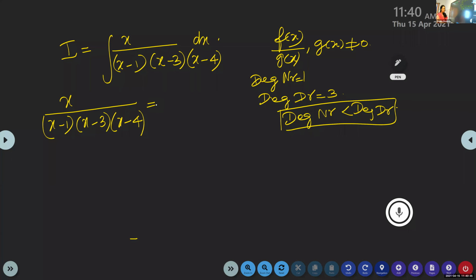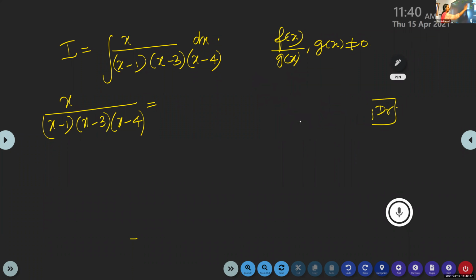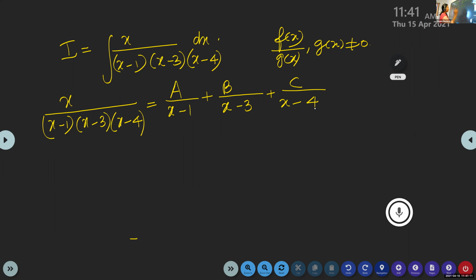Each factor in the denominator is a linear factor, so we can write this as a by the first factor plus b by the second factor plus c by the next factor: A by x minus 1 plus B by x minus 3 plus C by x minus 4.